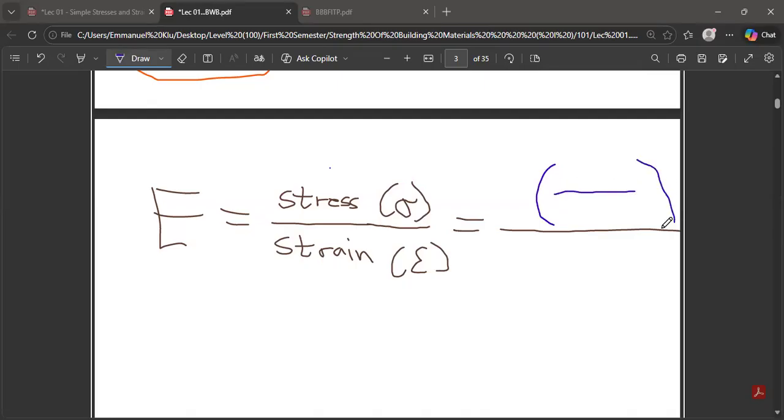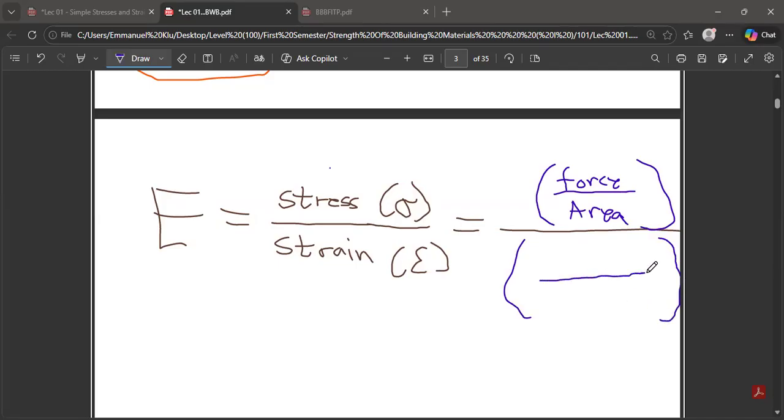You see? And the formula for the strain, change in length over what? Original length. Change in length over the original length.